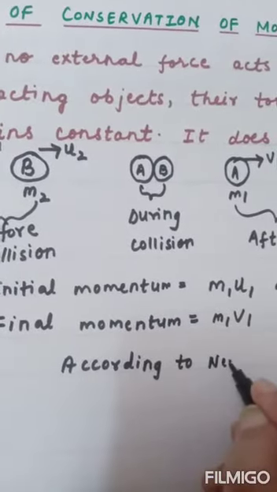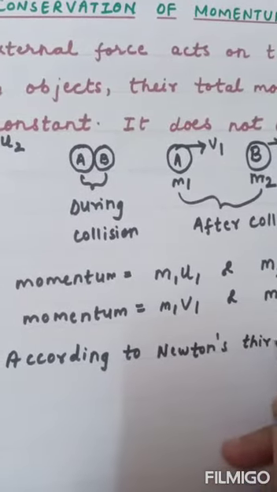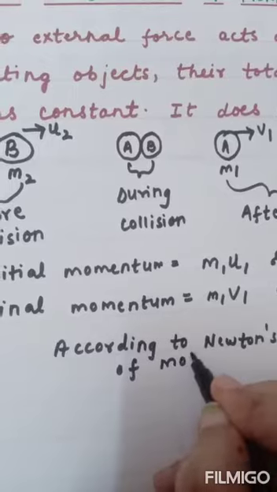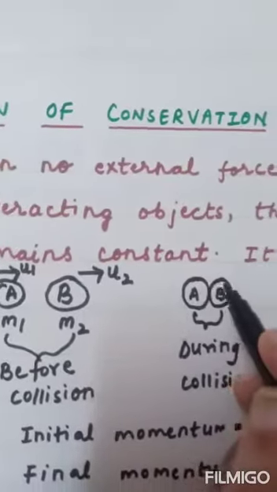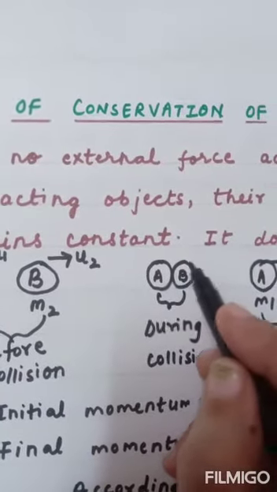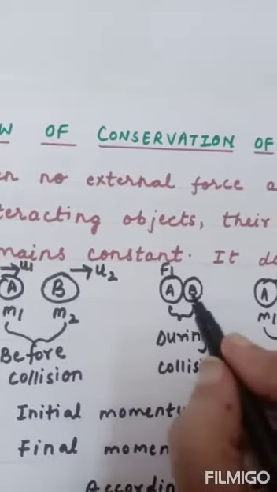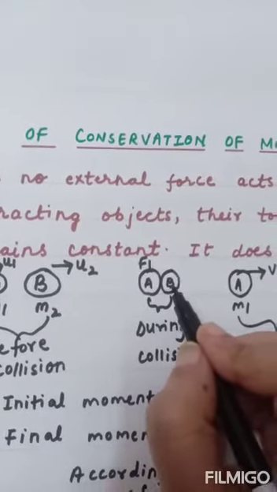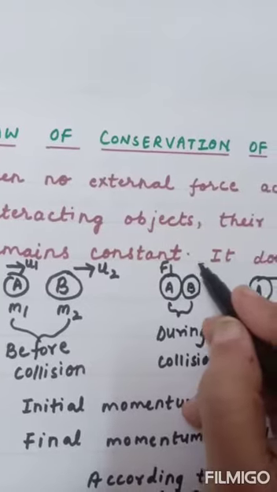So if A is applying force F1 on B, simultaneously B will also exert a force F2 on A, equal in magnitude and opposite in direction.